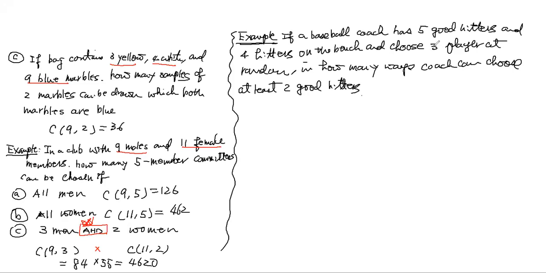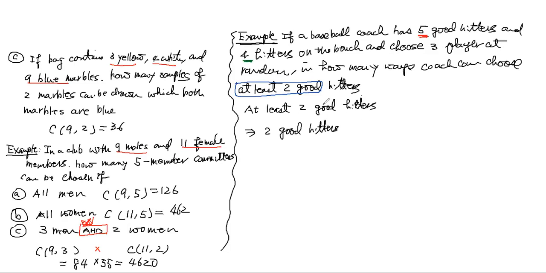I have 5 good hitters and 4 poor hitters, and I'm going to choose 3 players. I want at least 2 good hitters. What does at least mean? At least 2 good hitters means I'm going to have 2 good hitters, or 3 good hitters.